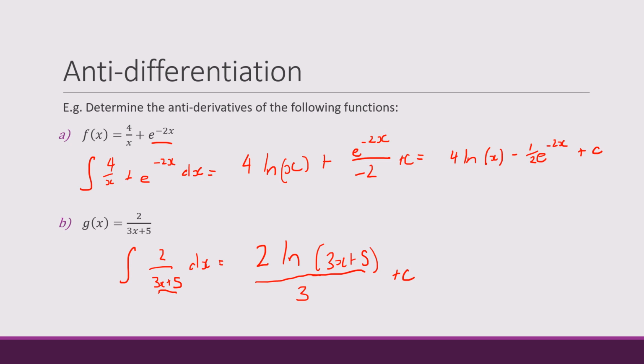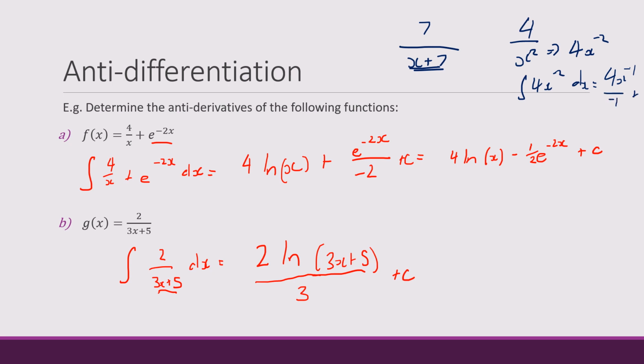Now, students, one quick note on that. This only works when what's in the denominator is a linear function. It has to be linear. If we have something like 4 over x squared, that's a power function that we can integrate using our regular power rule of adding 1 to the power and dividing by the new power.